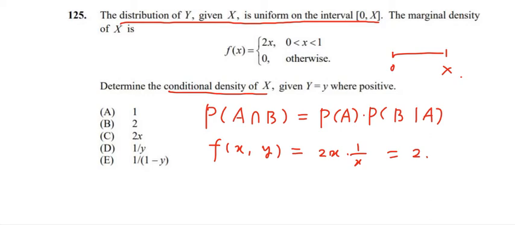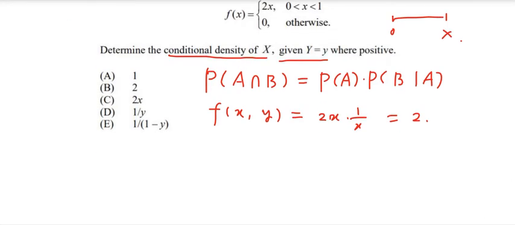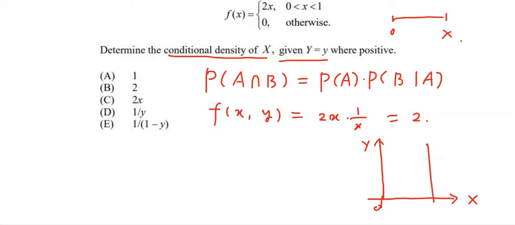Okay. So then we can find the conditional density, conditioning on y equal y. We can do it this way. Let's say the range for x and y is, let's say x is from 0 to 1, and this is y, from 0 to 1.